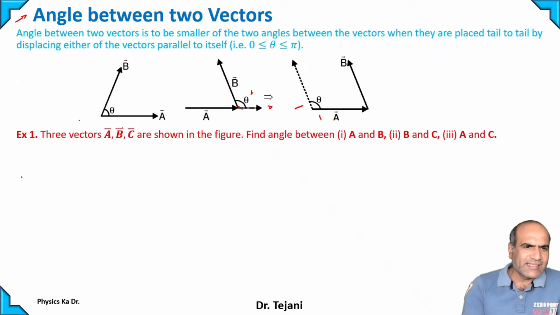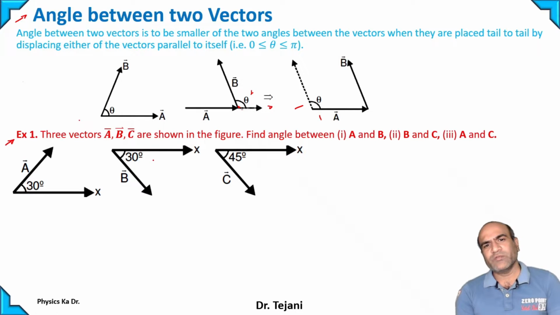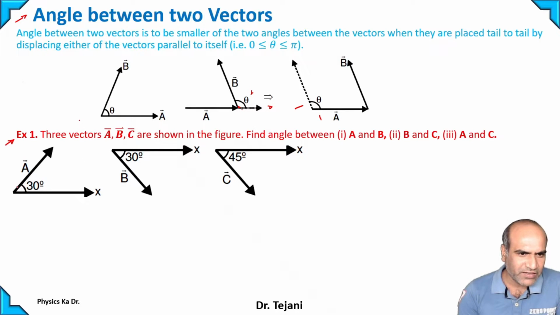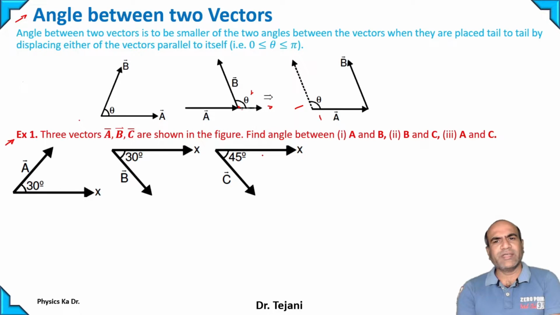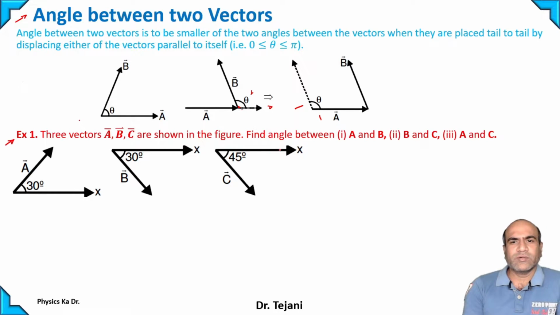Let's have example number 1. Three vectors A, B and C are shown in the figure. We can see here that vector A makes 30 degrees with x, vector B makes 30 degrees with x in the opposite direction, and C makes 45 degrees below the x line.